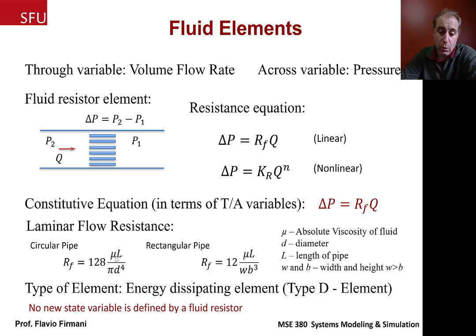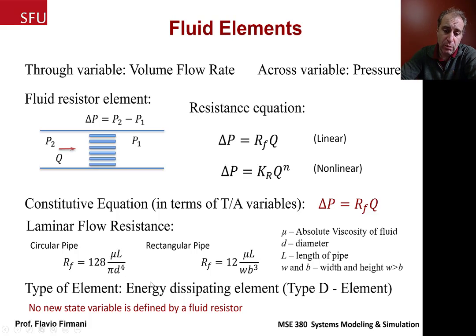And if we had a rectangular pipe, then the evaluation of the fluid resistance is going to be 12 times mu, again the absolute viscosity of the fluid, times the length of the pipe divided by W times B cubed, where W and B are the width and the height of the rectangular pipe, with the width being greater than the height.